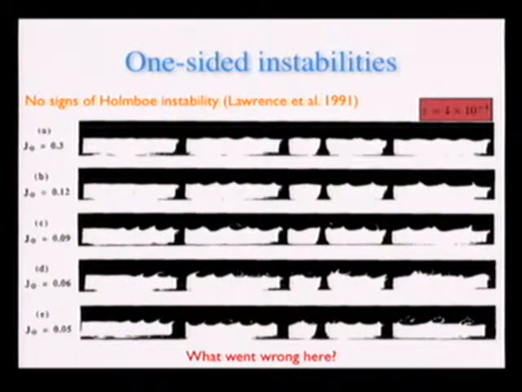So theory versus experiments. This took more than 30 years, as I already mentioned. And this is a paper by Greg Lawrence, from 91. They start from, for example, very low Richardson number up to very high. And they see what? They don't see the counter-propagating waves.